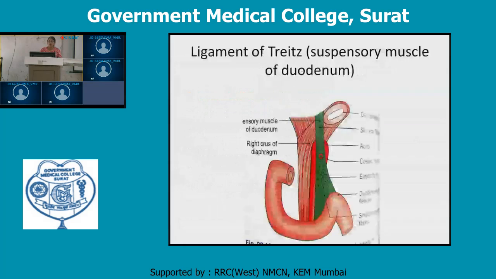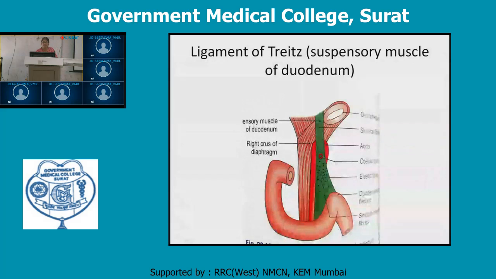Now, what is shown here, you see the duodenojejunal flexure. Concentrate on this point, the duodenojejunal flexure, and you can see this green colored structure, which is known as the ligament of Treitz, or the suspensory muscle of the duodenum.